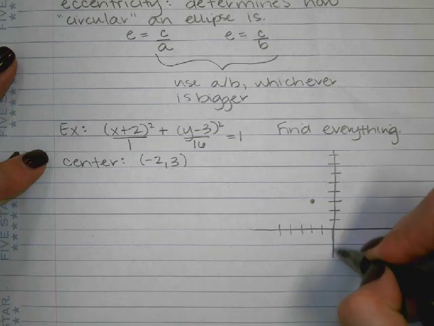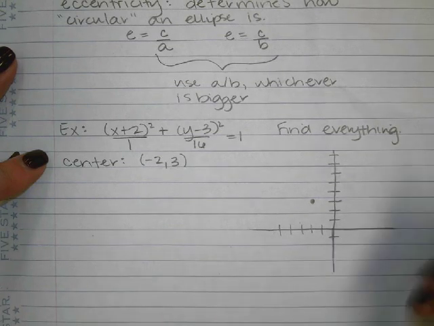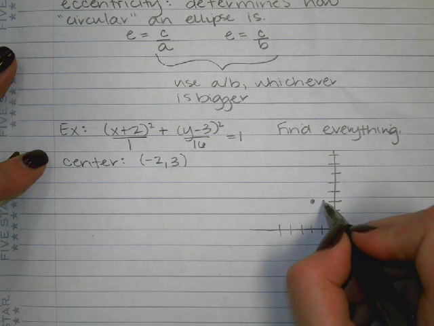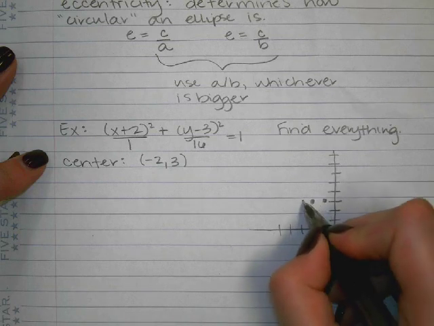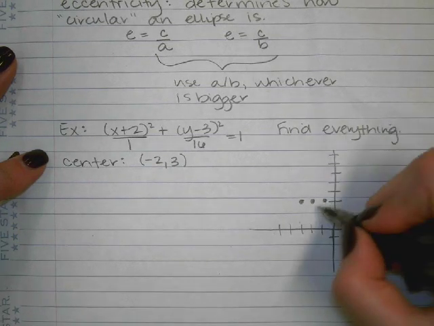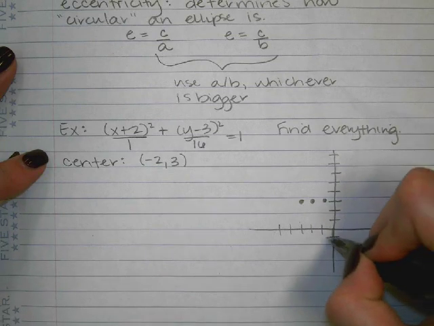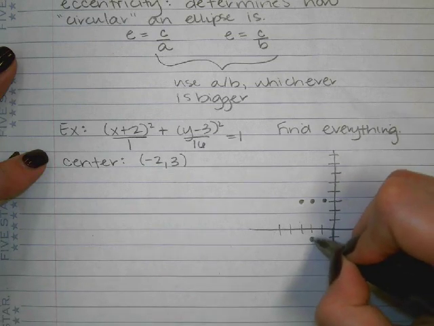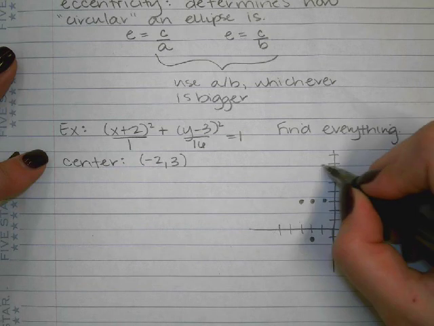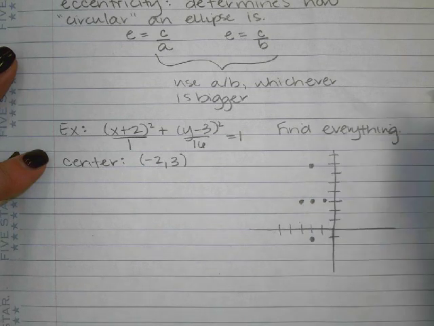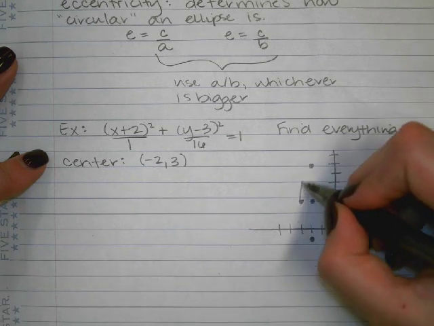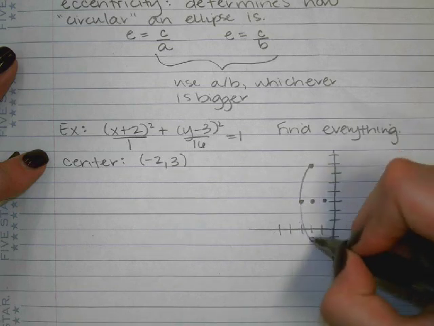It's not quite straight. That's good enough. Okay, so from here we're going to go to the right 1 and to the left 1, and then we're going to go up and down 4. So we have a pretty skinny, tall, skinny ellipse.